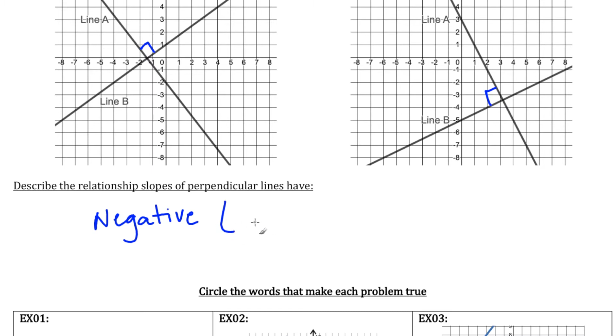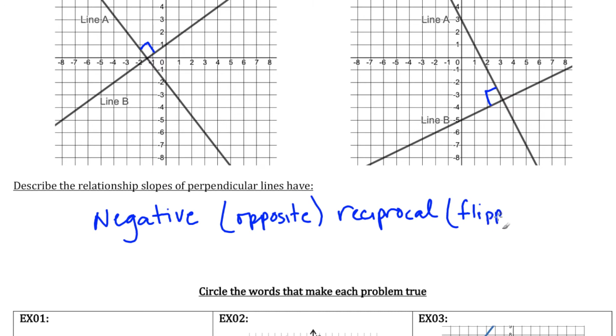Negative is like the opposite. And reciprocal is like flipped, we'll say. Negative reciprocal slopes.